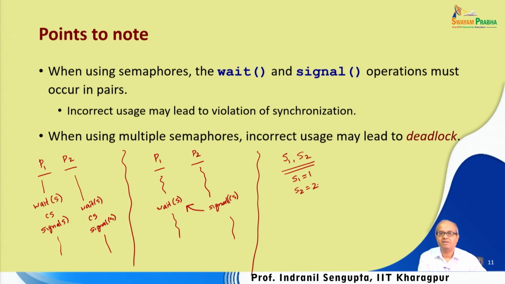Suppose inside the process you do this, there is some instruction, then you give wait S1, then you again give wait S2, that means you are wanting to update both S1 and S2, then you update them, this will be your critical section, then you do signal S2, signal S1.